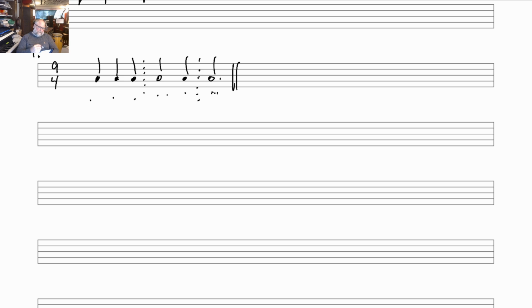Okay, looking at number 2. Number 2 is they give us a half note, they give us a quarter, and 2 eighths. Okay, so again, a nice first step is to just count the stuff. What do we got?